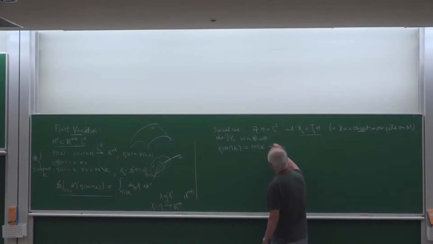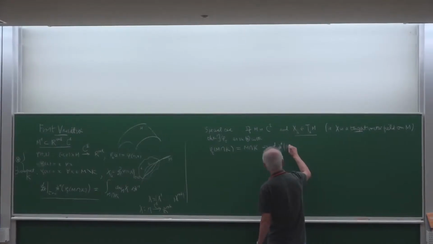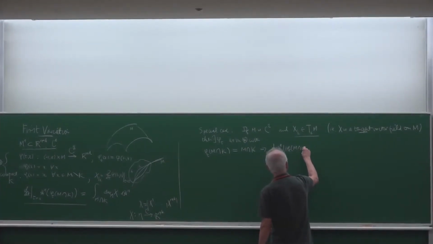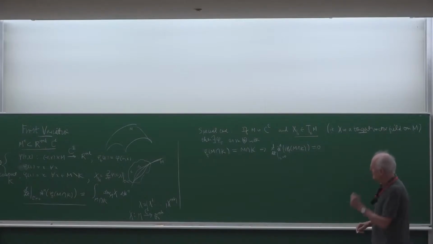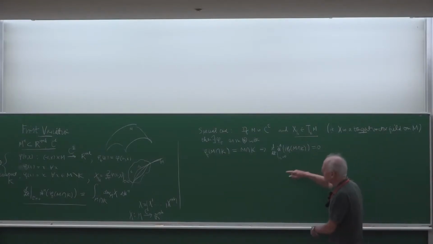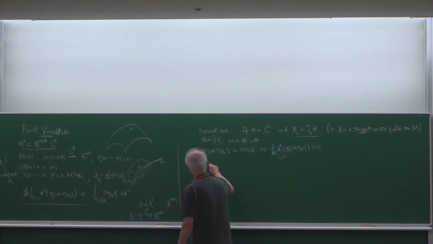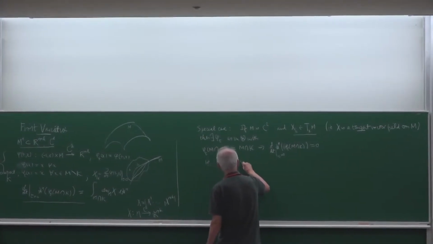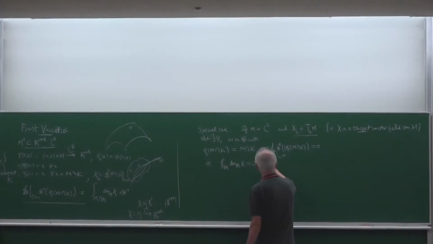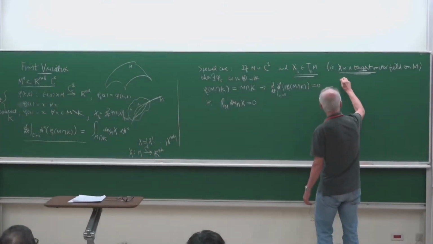So this implies that d/dt of H^n(phi_t(M ∩ K)) equals 0, at t equal to 0, any other t for that matter, and that means that this guy is 0. This is the same thing, so that is the integral over M of div_M X equals 0 if X is a tangent vector field with compact support, of course.